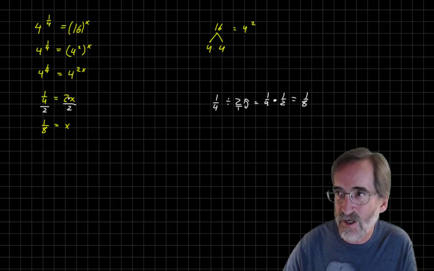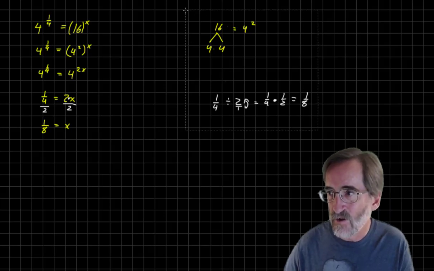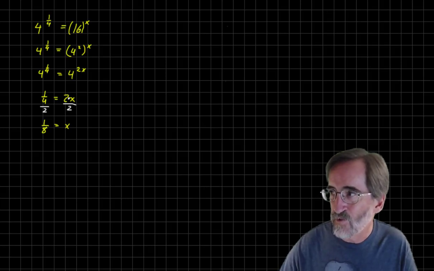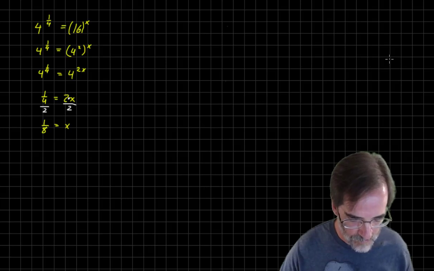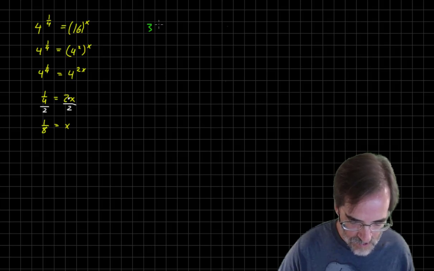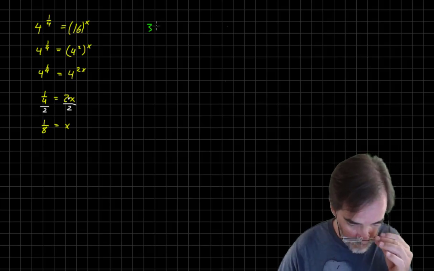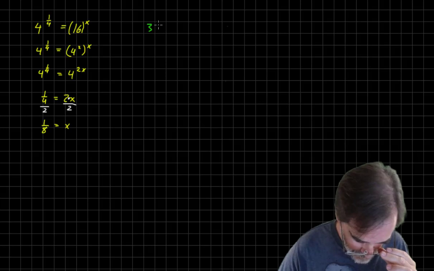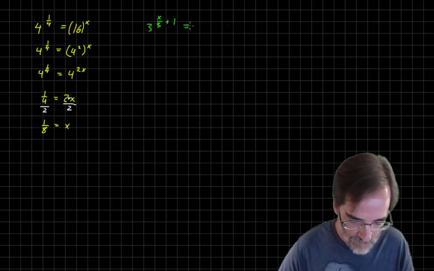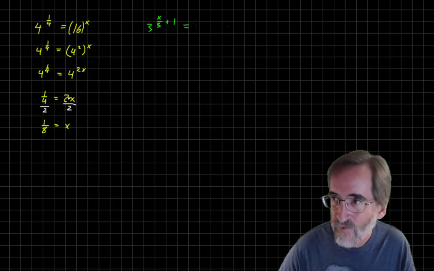Let's do another example here. I'll leave this on the screen here. Let's go with green for a little variety. Number 2, here we go. 3 to the x over 3 plus 1, to the x over 3 plus 1 equals 9 to the 1/2.